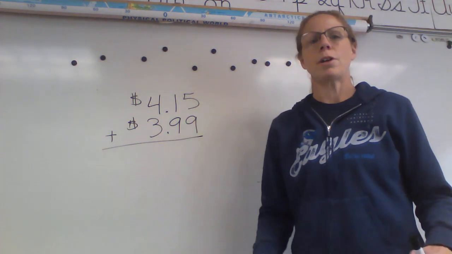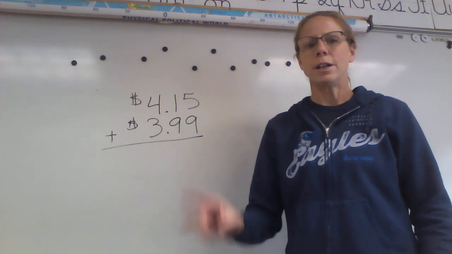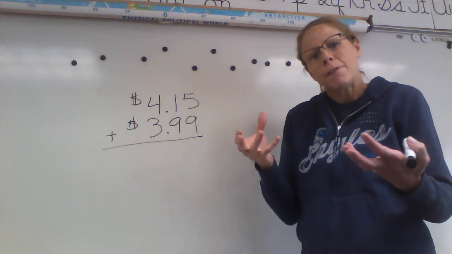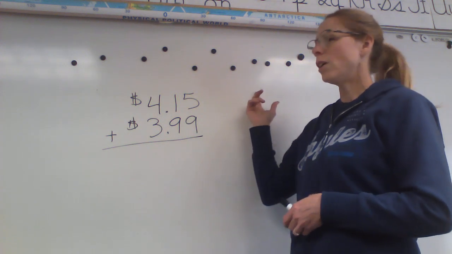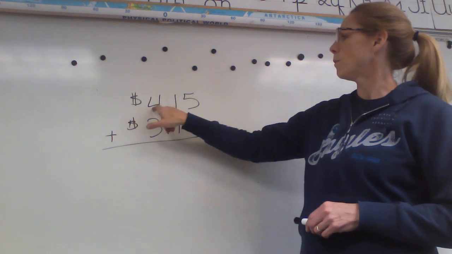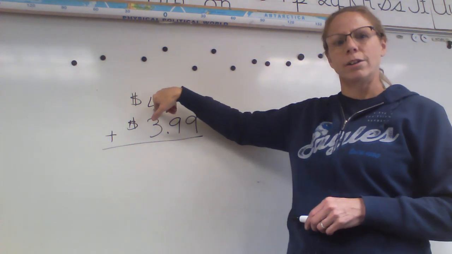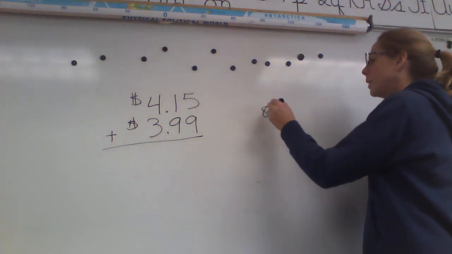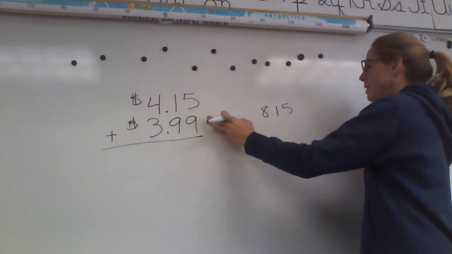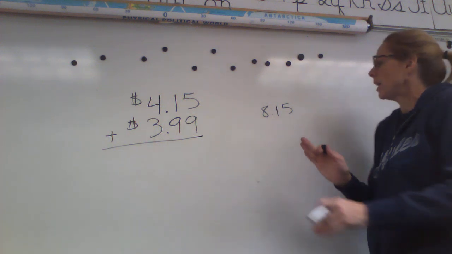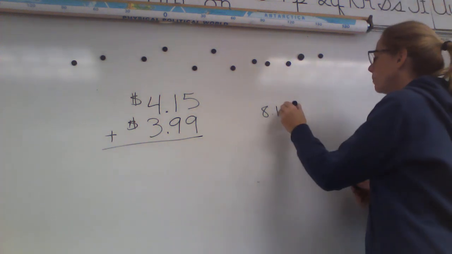That is so close to $4. It's like 1 penny away. So in my head, if I add $4 to my $4.15, I'd add 4 to the 4 and get $8.15. But it wasn't quite $4. So I'd take 1 cent away, and end up with $8.14.